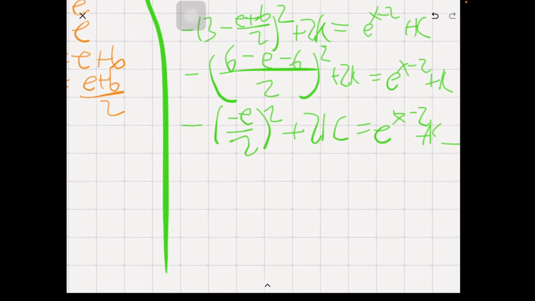So now we can move the k's to the other side. So we get k, and then we can move this term to the other side as well. So we get e to the x minus 2 plus e squared over 4.